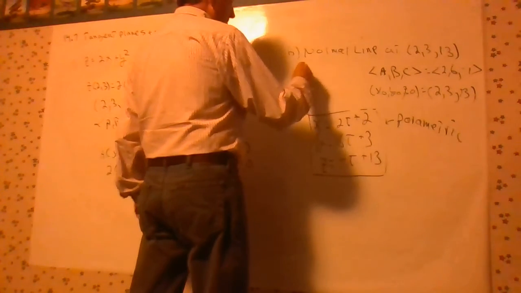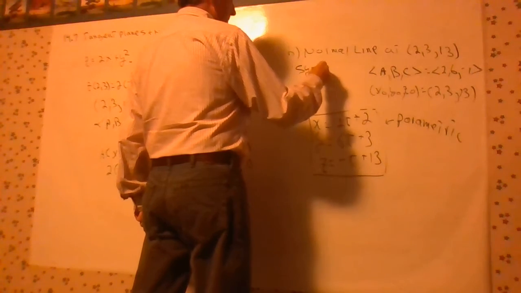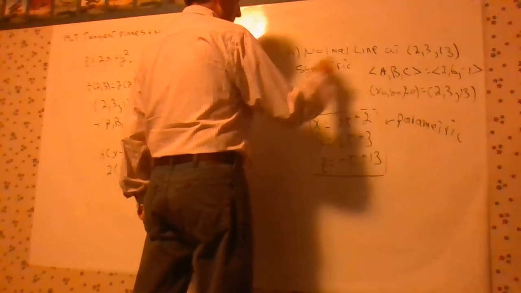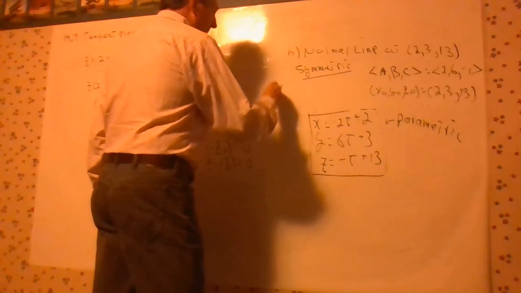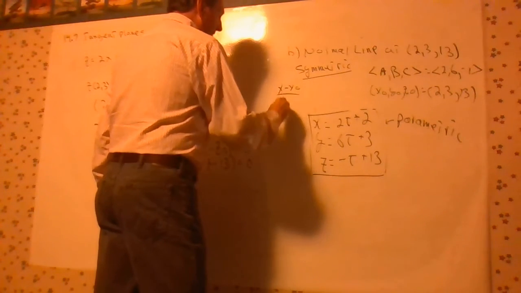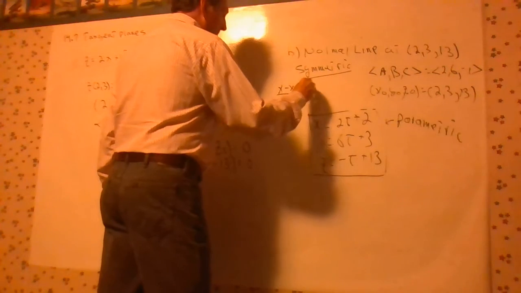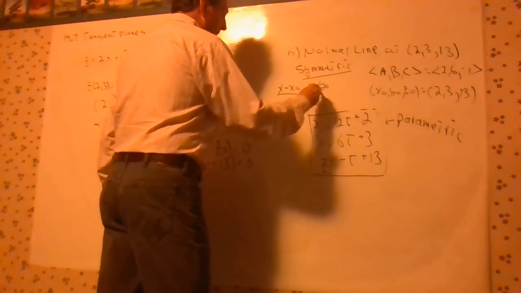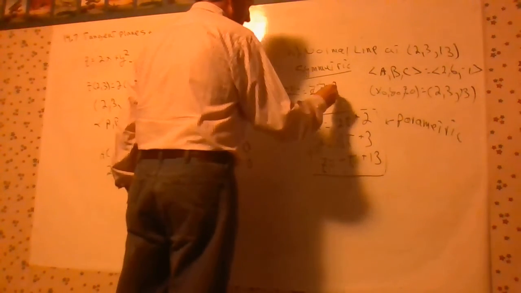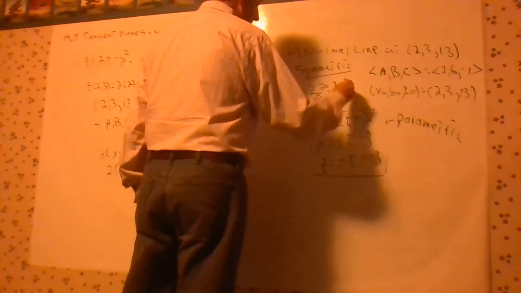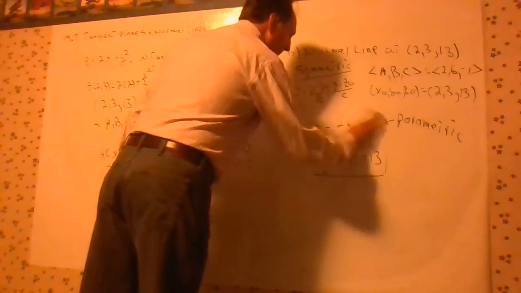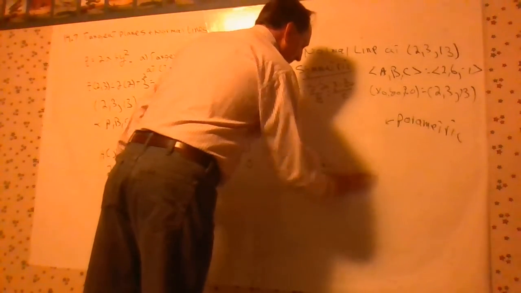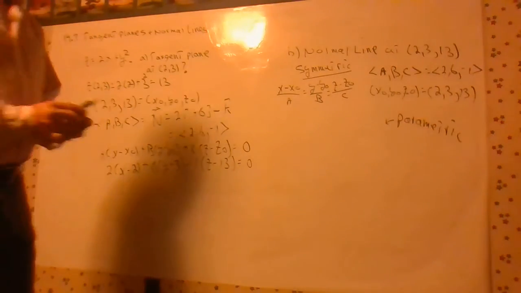If we want the symmetric form, well, that's x minus x0 over a equals y minus y0 over b, and same for z.